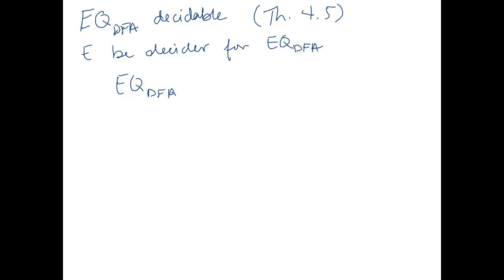EQ DFA is the language of strings, so that, let's call this not D, let's call it F, F1 and F2, such that language of F1 equals language of F2.